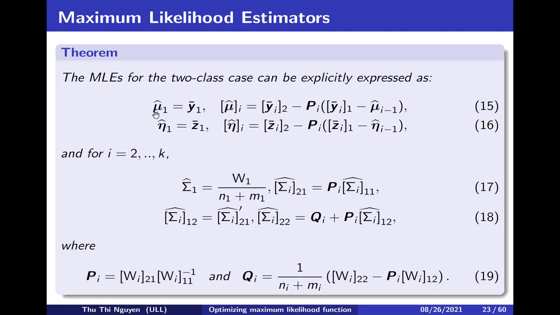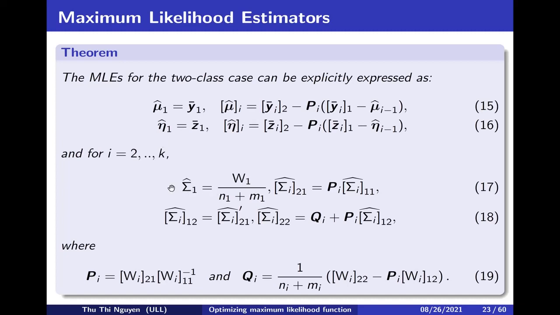So we can see that mu 1 hat is estimated by y 1 bar, and then we estimate mu hat bracket I sequentially as in equation 15, and a similar procedure is done to estimate eta.